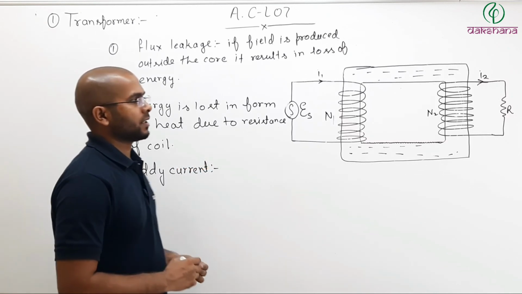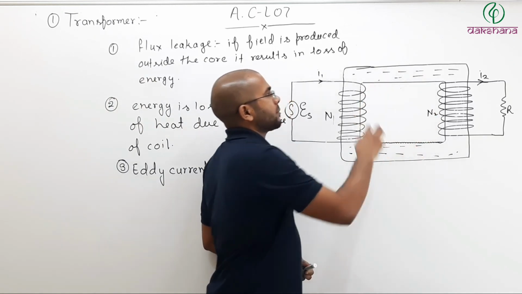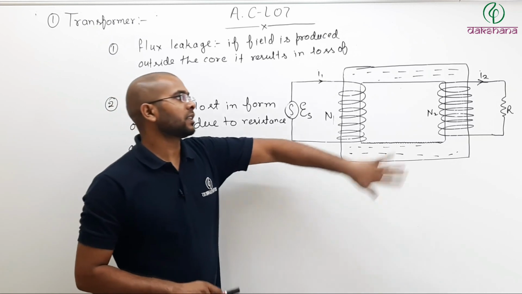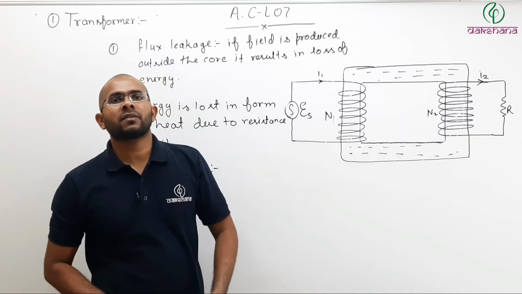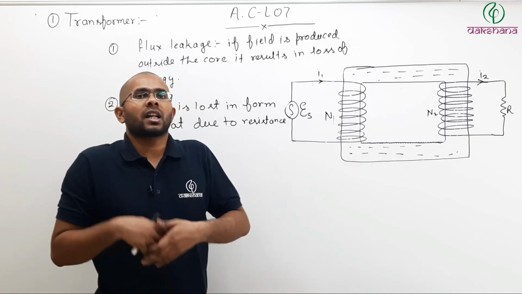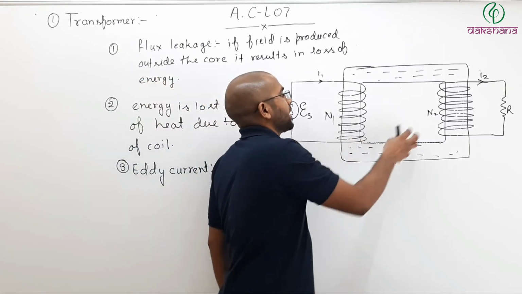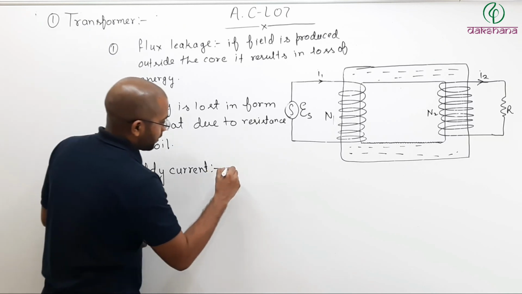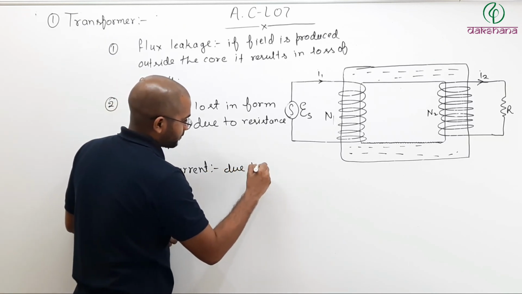How is there a loss due to eddy currents? Because there is a changing magnetic field. Due to the changing magnetic field, there is a changing flux, and due to changing flux, eddy currents are introduced in the material of the soft iron core.